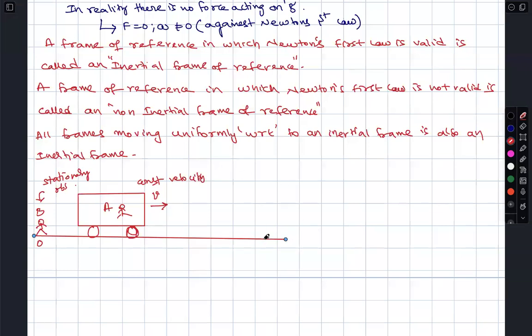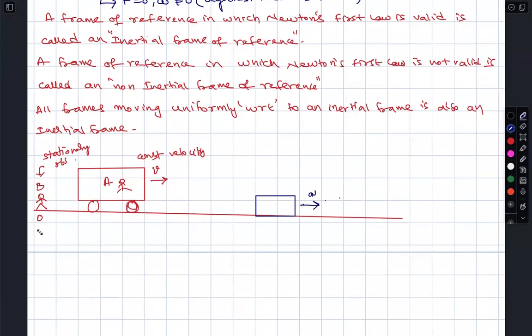And in fact, they are observing a situation where an object is moving with an acceleration a.